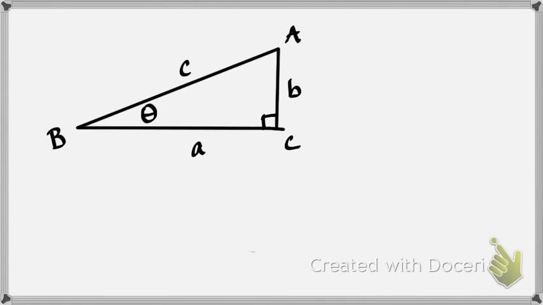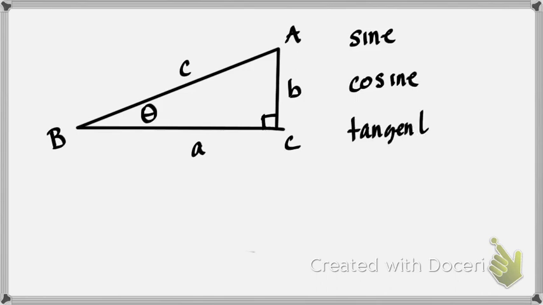If you remember back in geometry, we talked about three different trig functions: sine, cosine, and tangent. And we can use these three things to calculate, say, a missing side length, A, B, or C. We could also, if we have side lengths, figure out angles, like theta, okay?